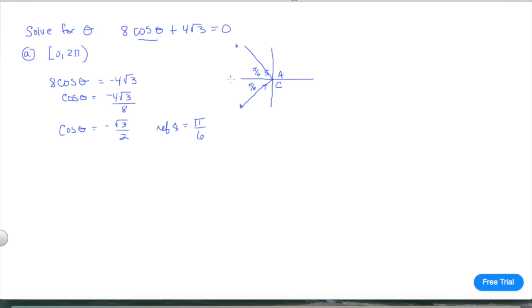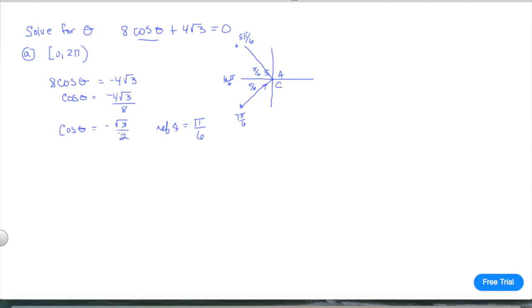So if you think of pi as 6 pi over 6, then I can easily see that this angle would have to be 5 pi over 6, and this one 7 pi over 6. So basically what I just realized is that cosine of 5 pi over 6 is negative square root of 3 over 2.